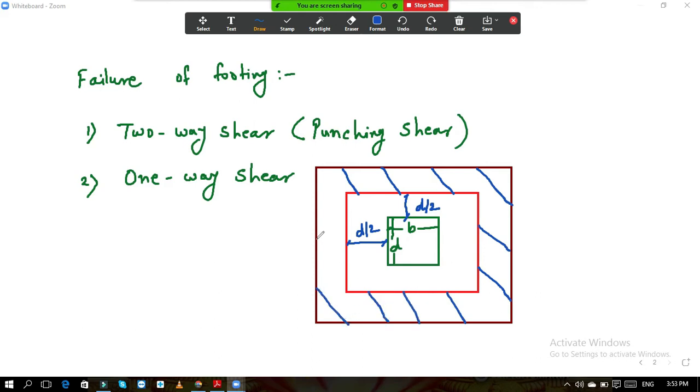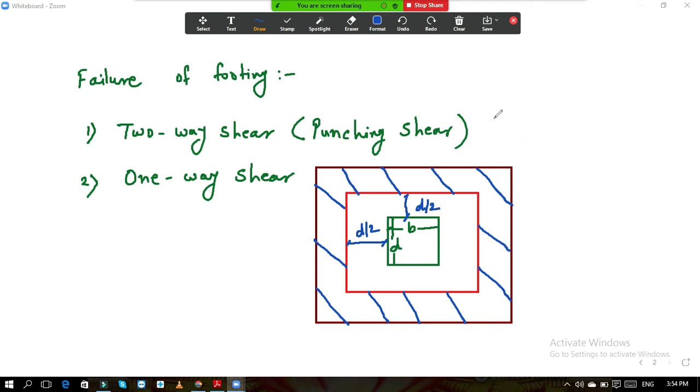Okay, up to this red, all of it will get punched. So this section, which is at a distance of d by 2, is called the critical section for two-way shear.